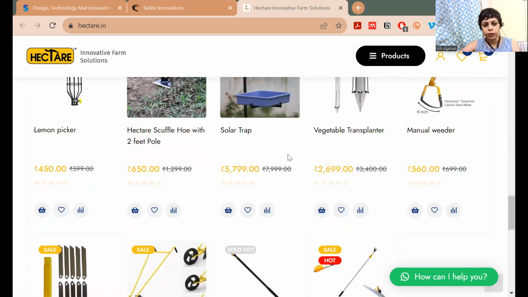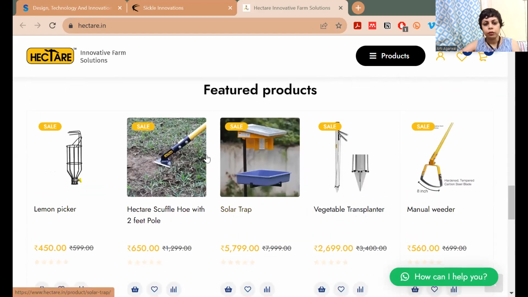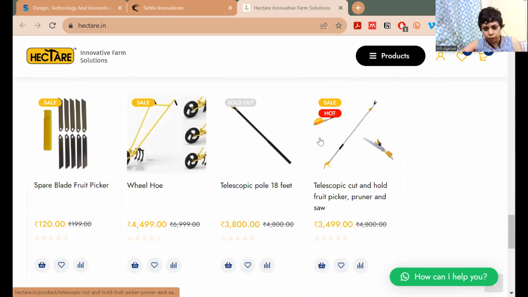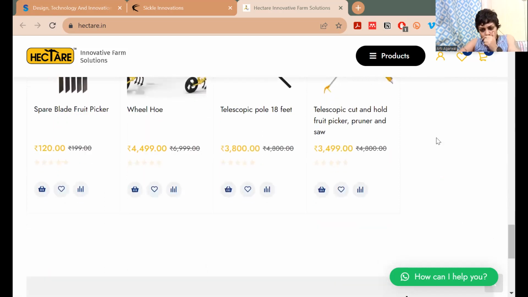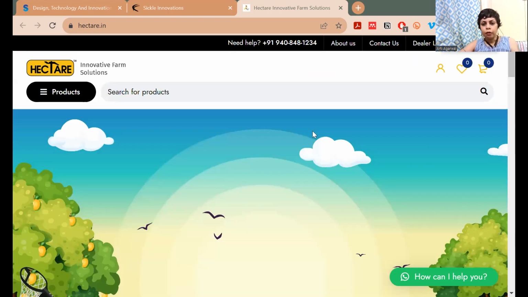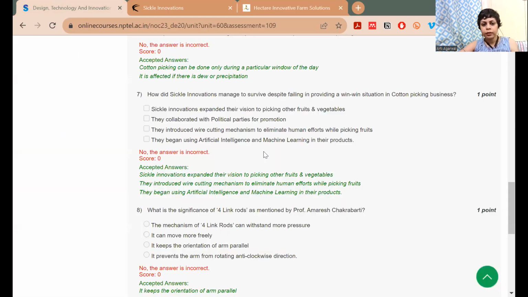So you see, they came up with other products which develop that concept further, of creating fruit picking products which actually work for the farmers.